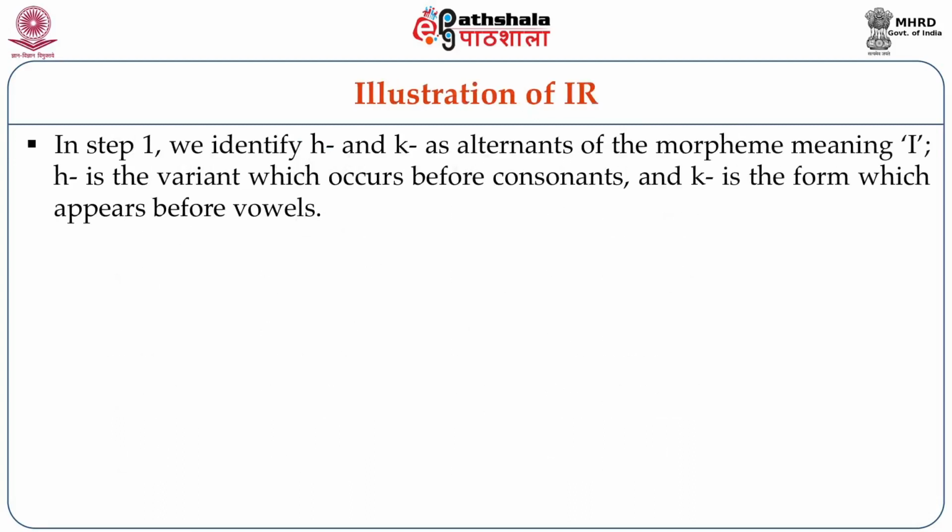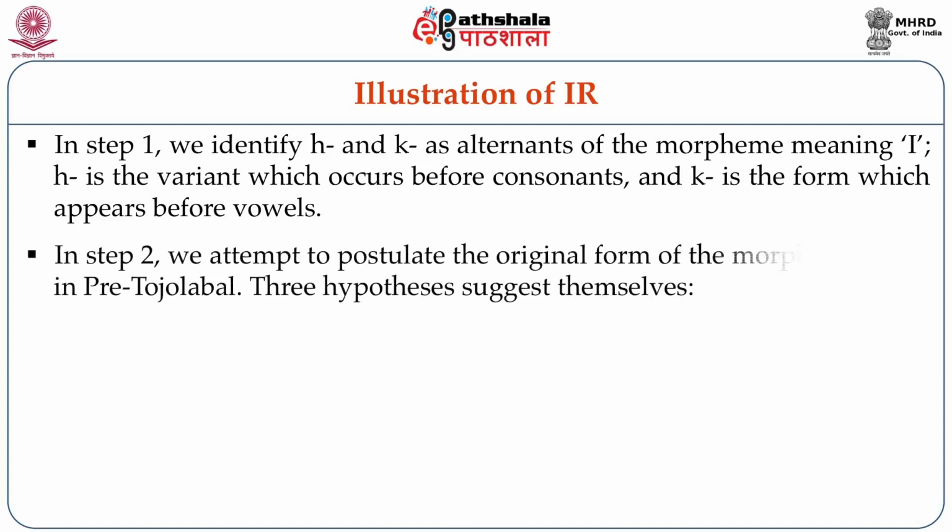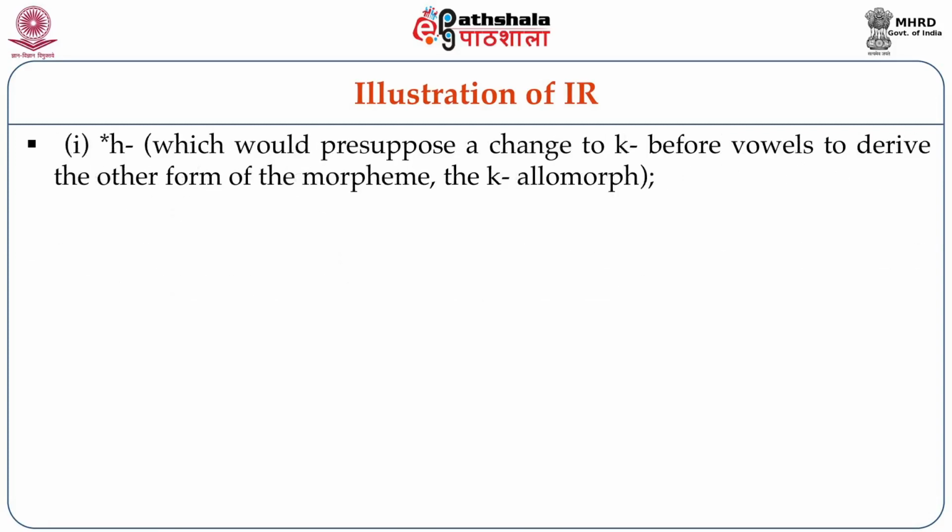In step 1, we identify ha and ka as alternates of the morpheme meaning I. Ha is the variant which occurs before consonants and ka is the form which appears before vowels. In step 2, we attempt to postulate the original form of the morpheme for I in pre-Tojolabal. Three hypotheses suggest themselves. 1.